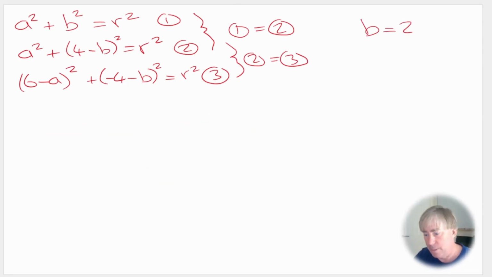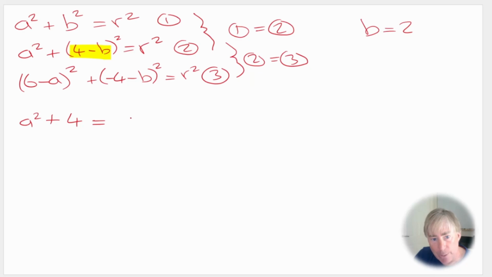So we've established b is 2, and we're in the process of equating equations 2 and 3 now. Equation 2 is a² plus, now we know b is equal to 2, so we end up with (4 − 2)², which is 4, and that equals r², which is also equivalent to equation 3.